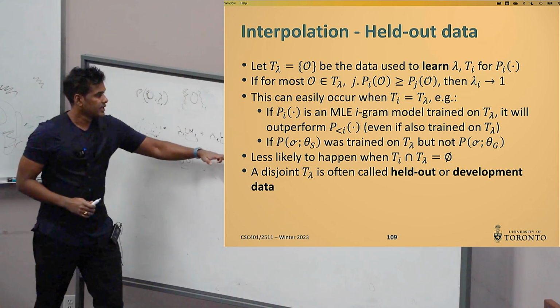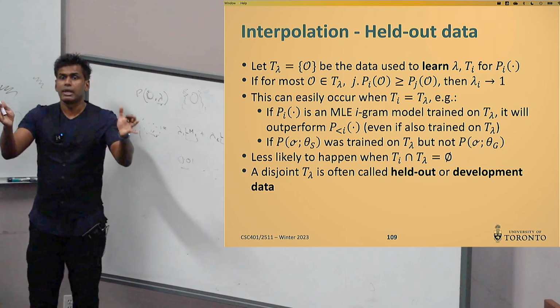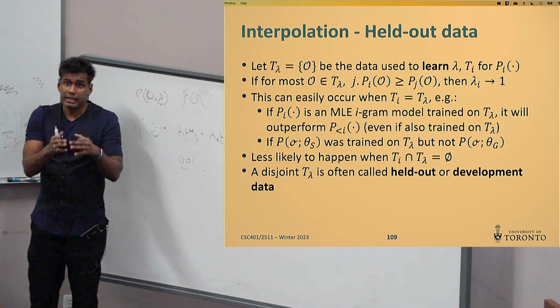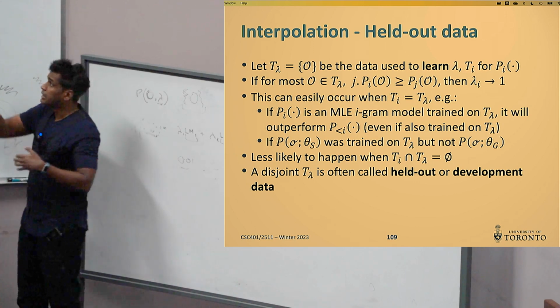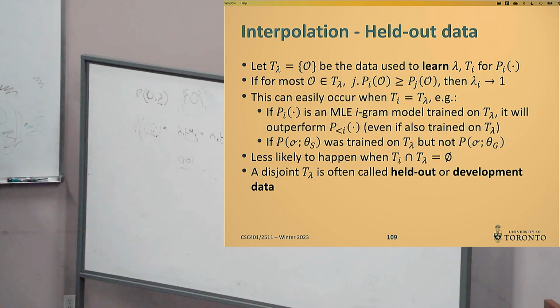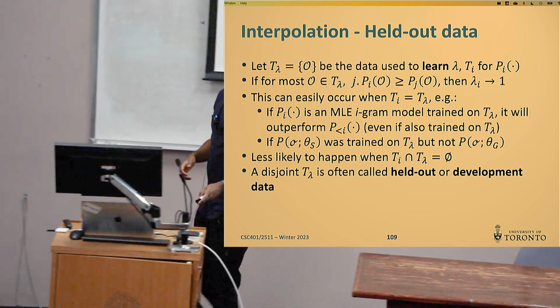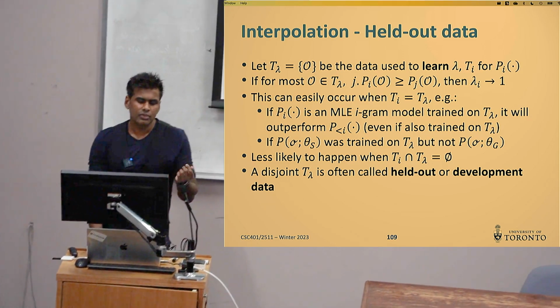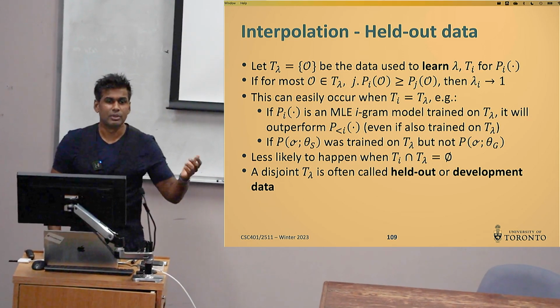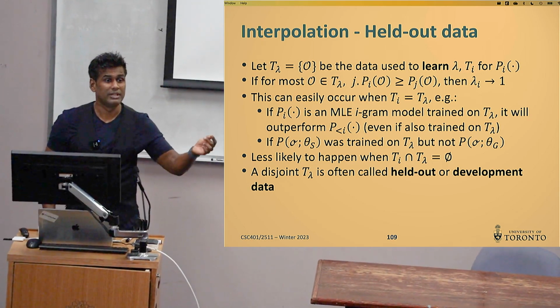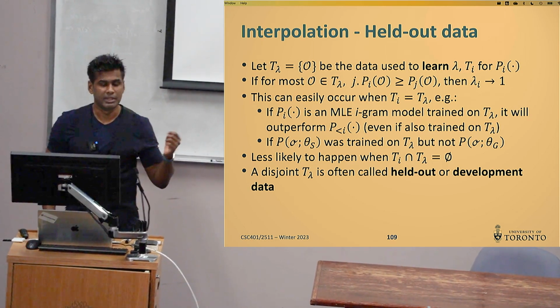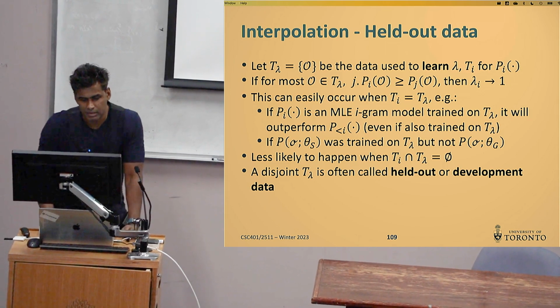Whatever the superior model is, if you don't have a held out data set, that superior model will win out, and then the whole process of calculating lambda interpolation weights becomes meaningless. This is also the same idea as any other training, the reason you split your data set into train, development, and test. Essentially the same idea.